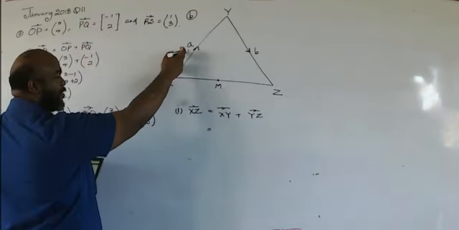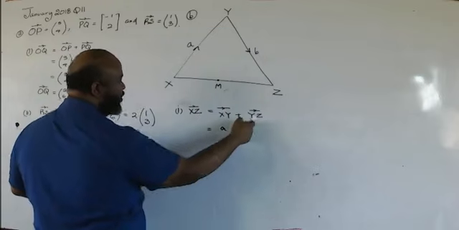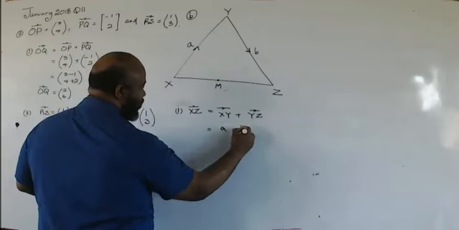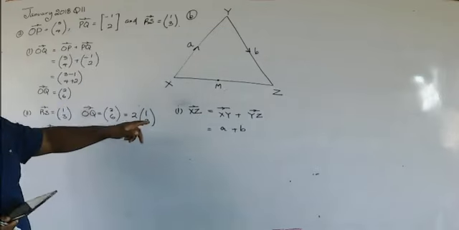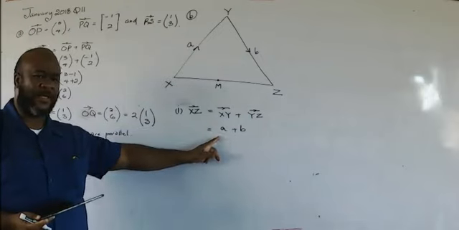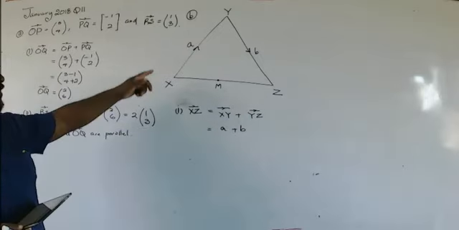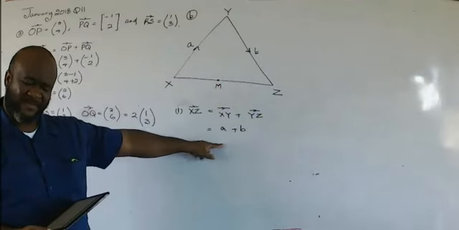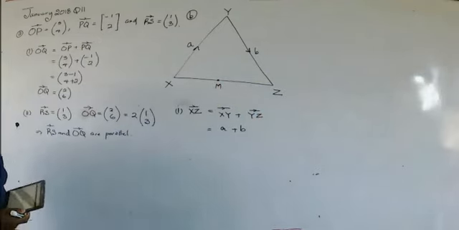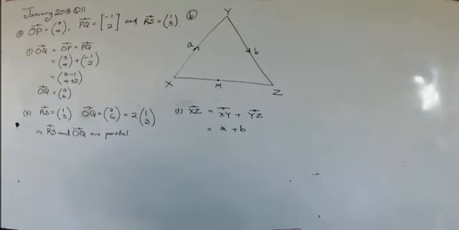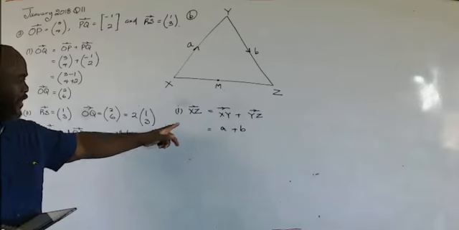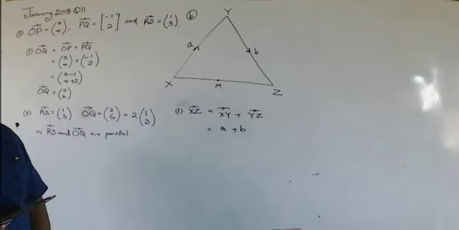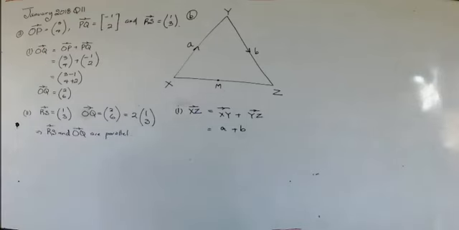What is YZ? b. So the vector XZ is a plus b.